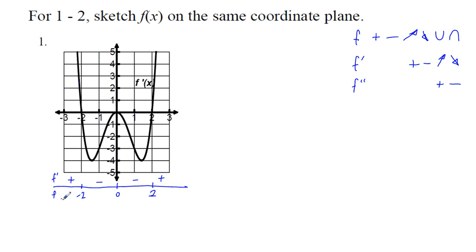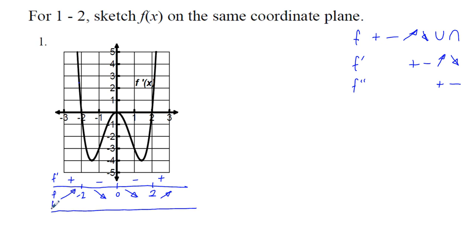And so the graph of the function f is going to behave like this: increasing from negative infinity to -2, decreasing between -2 and 2, and then increasing after 2. And so that's that. Now we're going to do the f double prime.